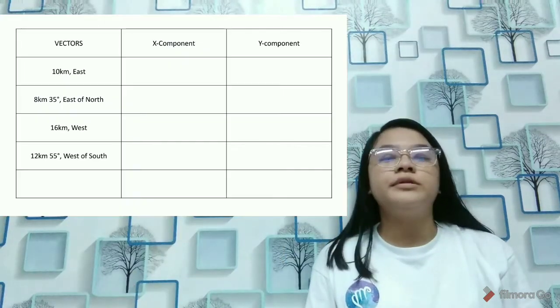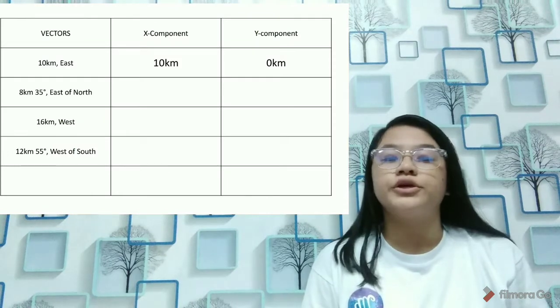In the table, we will place first the 10 km east and 16 km west, since these two are single directions. First, 10 km east. We put 10 km in the x component and 0 km in the y component. Next is 16 km west.